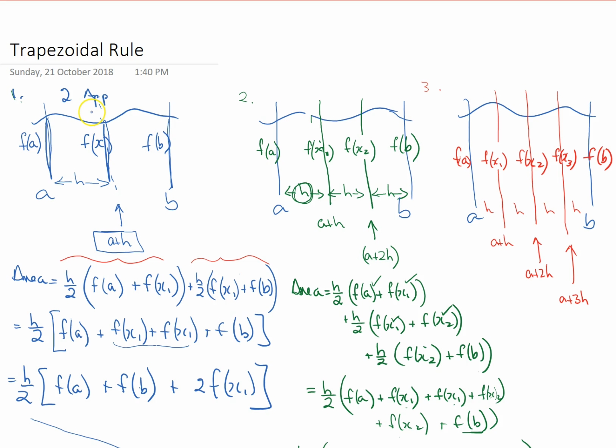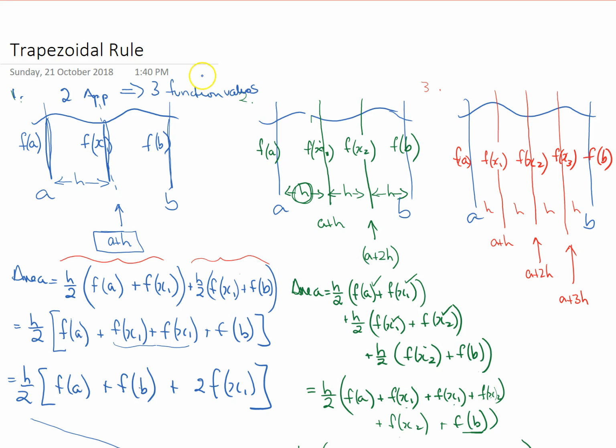However, the thing I'd like to point out is that in two applications, we require three function values.